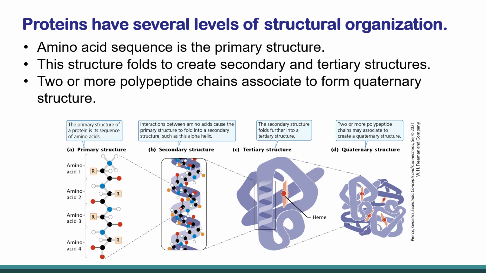So our secondary structure is either going to be what we call an alpha helix or a beta pleated sheet. So our pleated sheet looks kind of like an accordion. And then our next level structure is going to be those secondary structures folded back on themselves. And the way that they fold depends on the interaction of the R groups.